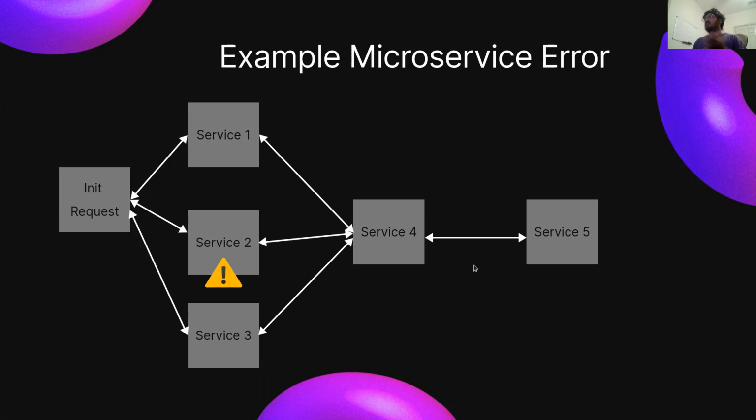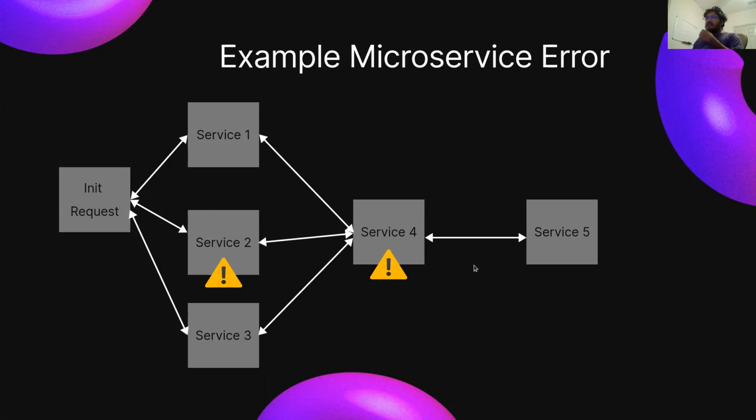Now what happens is that there is an error in service 2, and suddenly service 2 for some reason is taking way longer than it should. The reason for service 2 taking longer can be anything from the CPU maxing out to too many requests in the queue, or just normal latency issues.